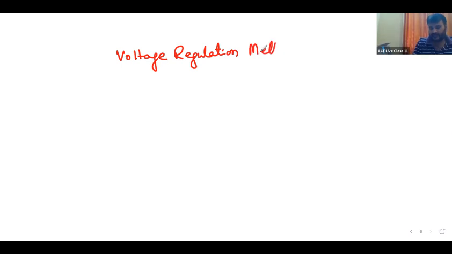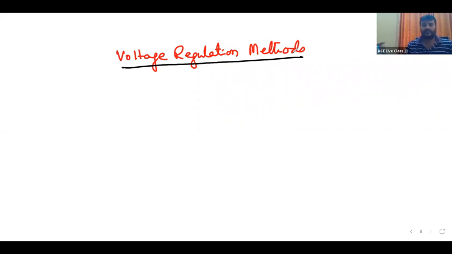Before that, let us see the voltage regulation methods. There are 4 methods of voltage regulation.